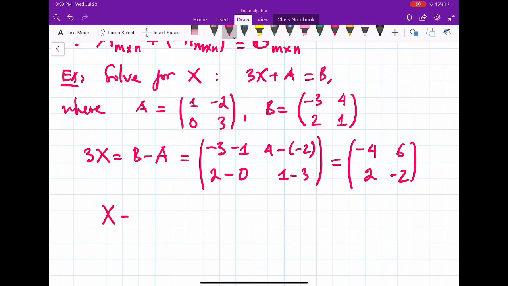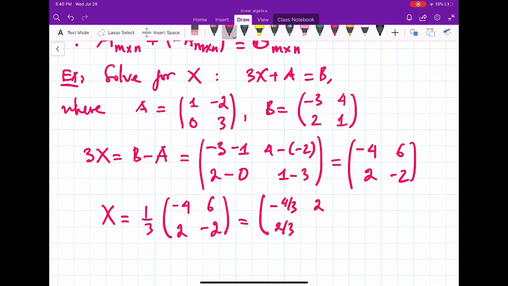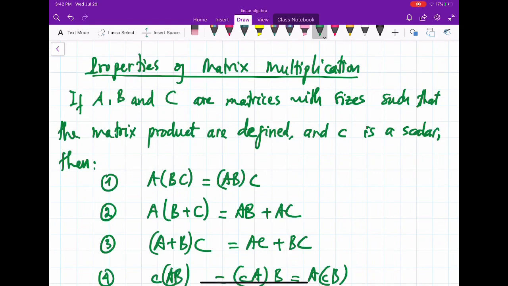From here, I divide both sides by 3. I get X equals 1/3 times [negative 4, 6; 2, negative 2]. Or if you want, you can write in the following form: negative 4 over 3, 2, 2 over 3, and negative 2 over 3. It's pretty easy, right? Now let's talk about properties of matrix multiplication.